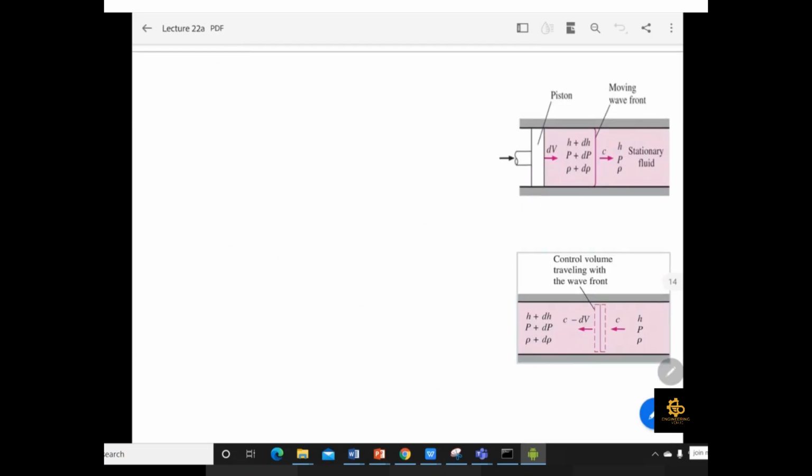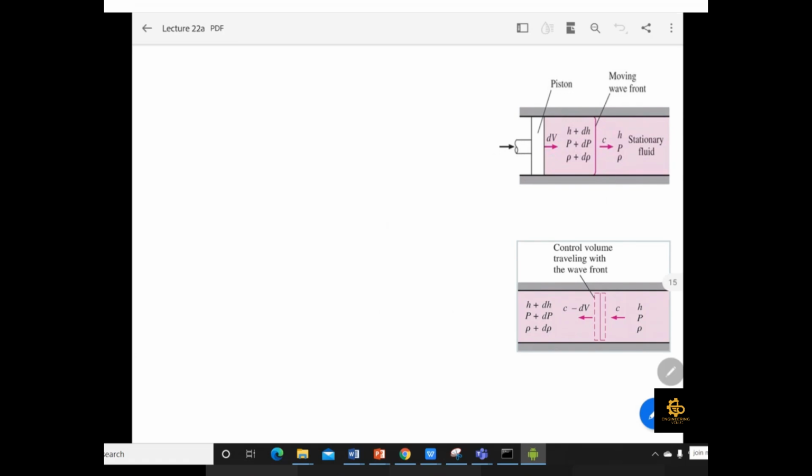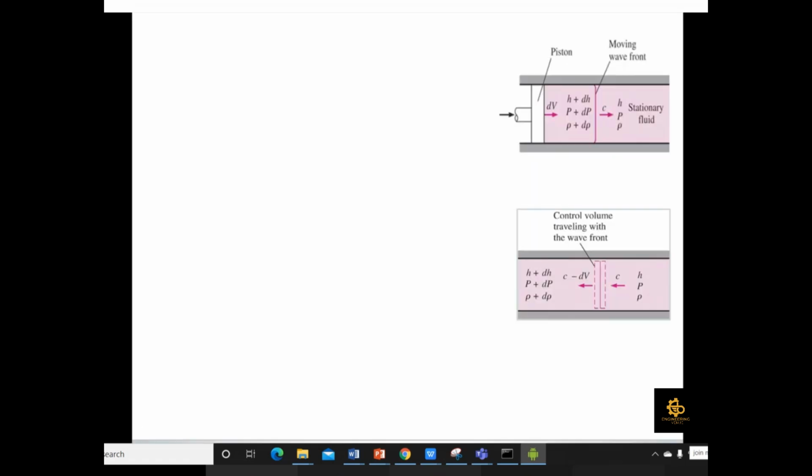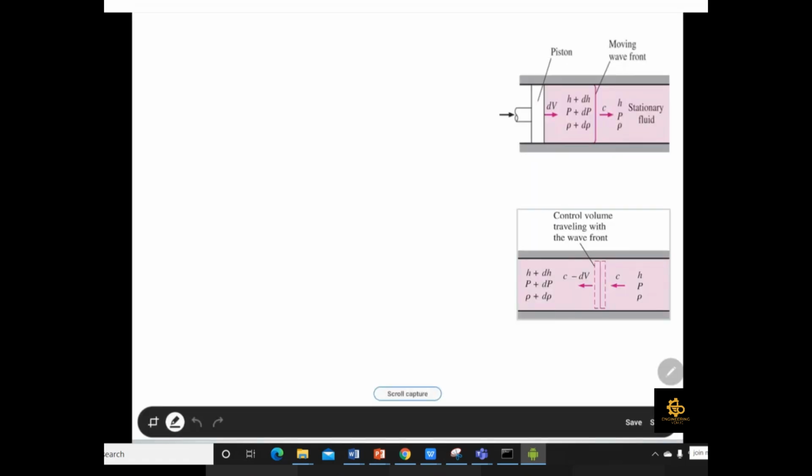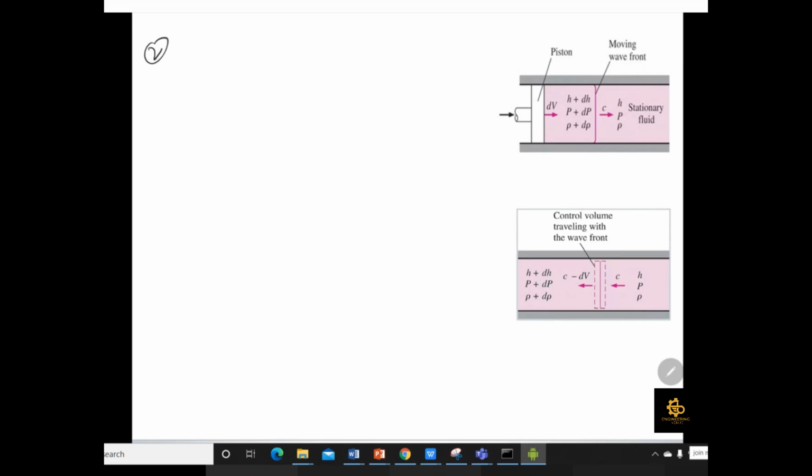Okay, so now these are the figures from your books. You can correlate it with this figure. This is the same figure which I already drew in the previous slide. Now in the second step, in order to prove that c is equal to under root k rt, you have to apply momentum conservation.